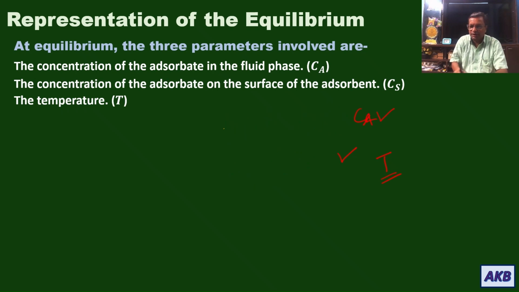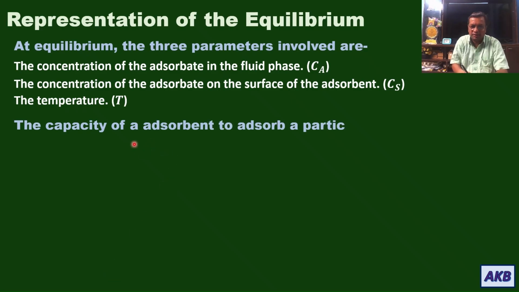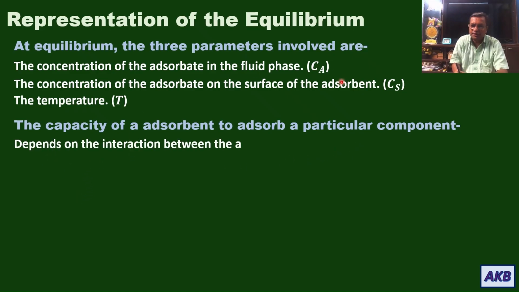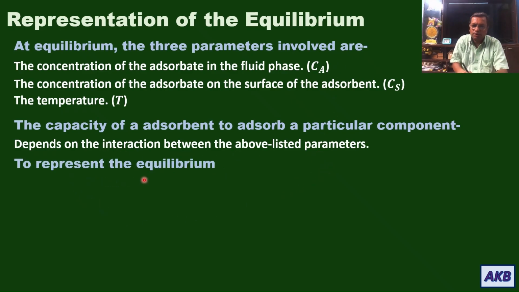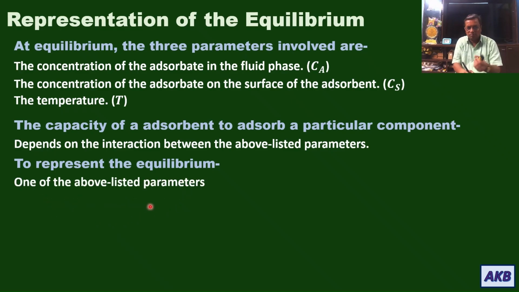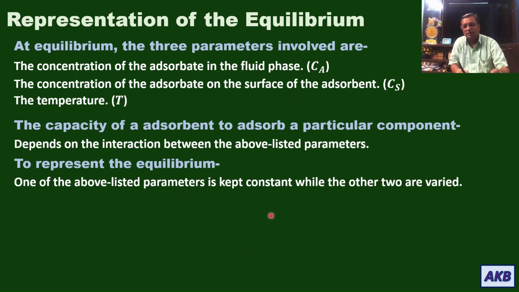I have already discussed all this in my previous video, so I am just summarizing the discussion. The capacity of an adsorbent to adsorb a particular component depends on the interaction between the above listed parameters. And in order to represent the equilibrium, one of the above listed parameters is kept constant, while the other 2 are varied.